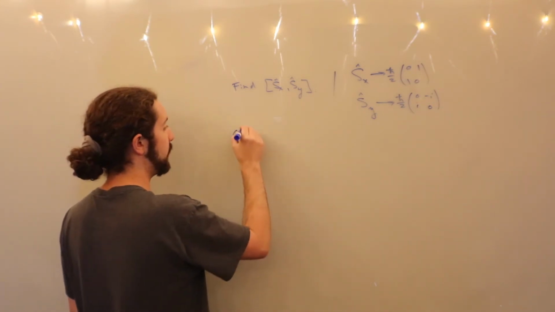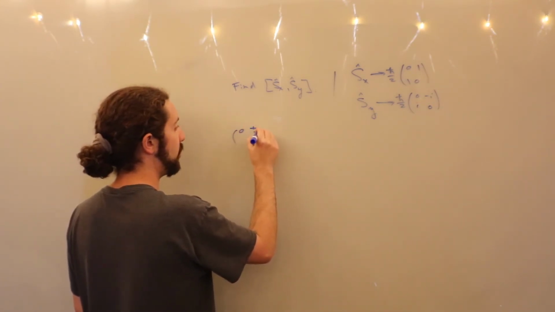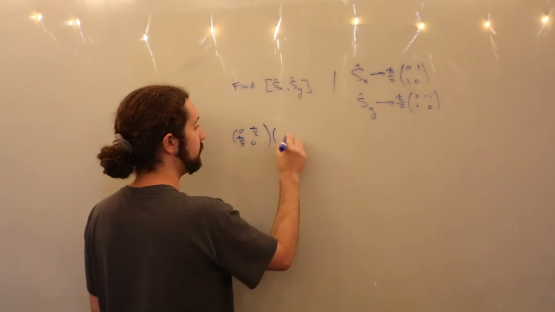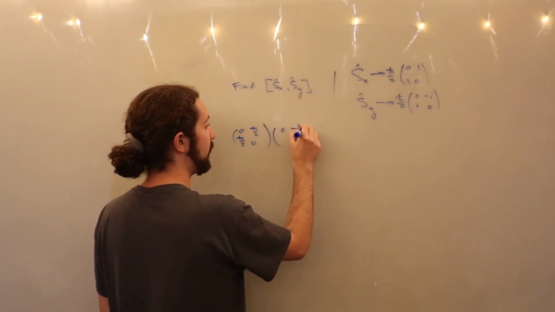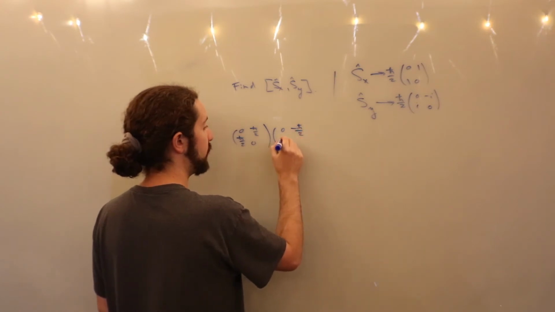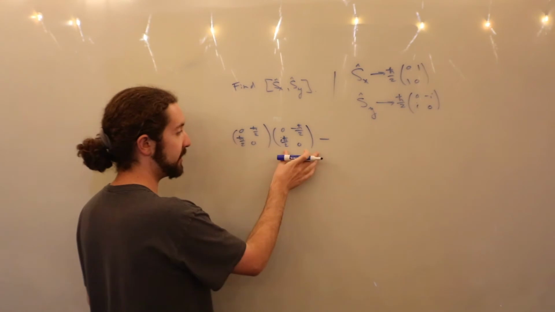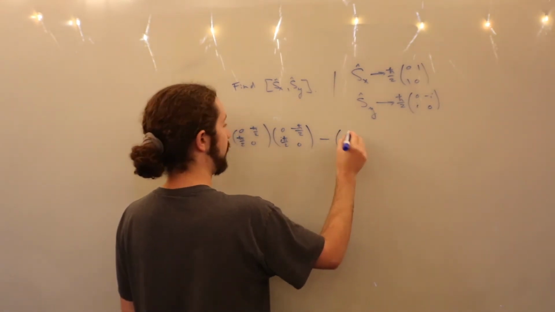So this is going to be 0, ħ/2, ħ/2, 0 times 0, negative i ħ/2, i ħ/2, 0, and then subtracting it multiplied the other way, right?